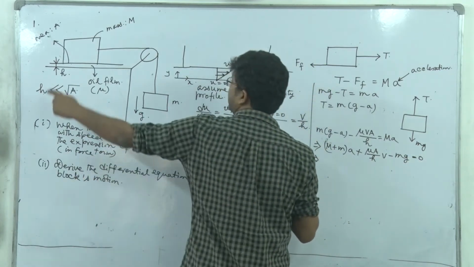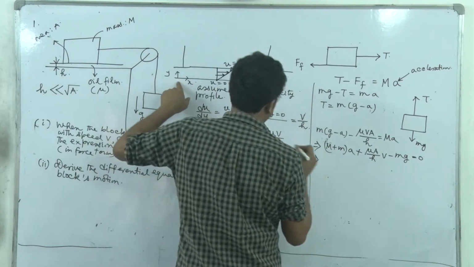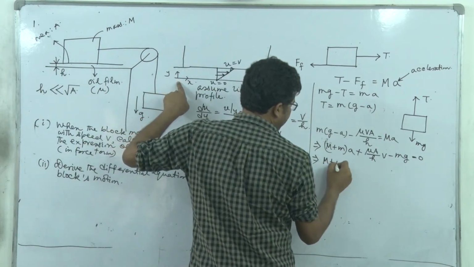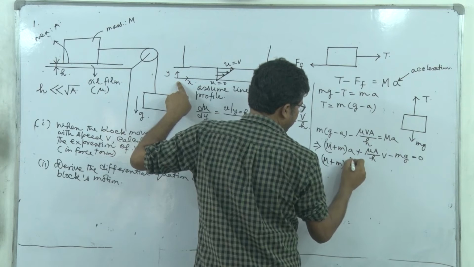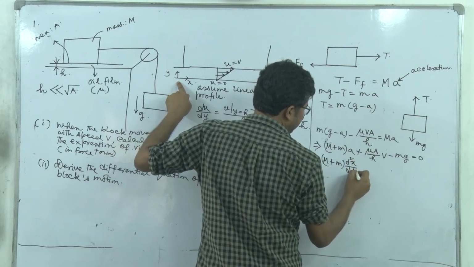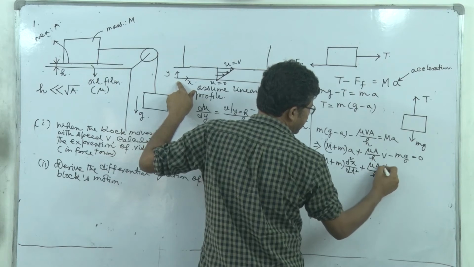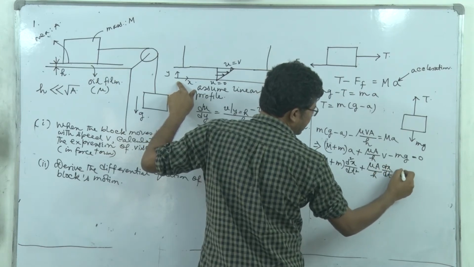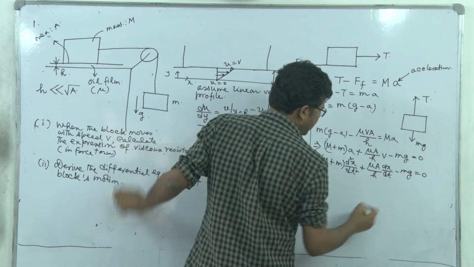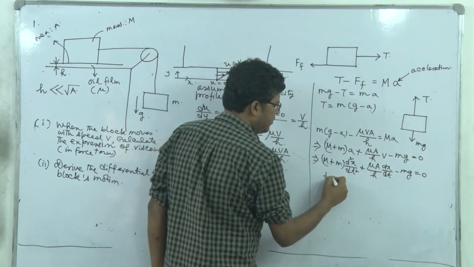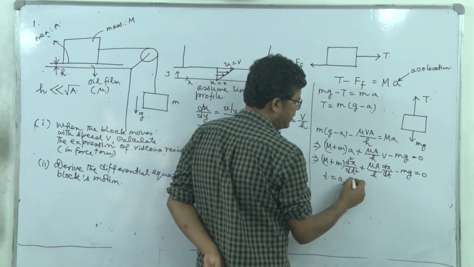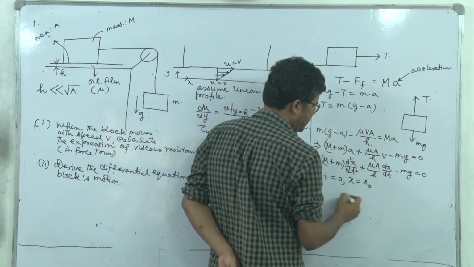And a, the acceleration, in terms of this coordinate system we can write as d square x dt square. So (M plus m) d²x/dt² plus (mu A by h) into dx/dt minus mg equals 0. At t equal to 0, x is equal to some x naught.